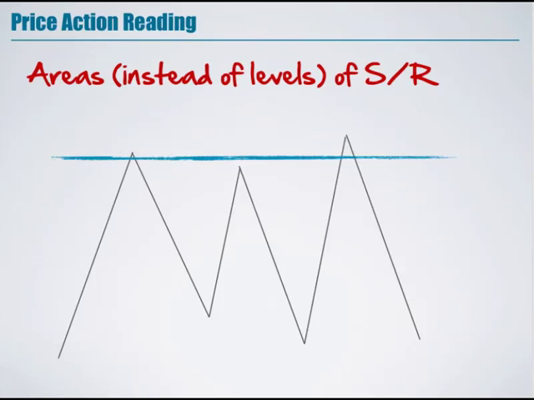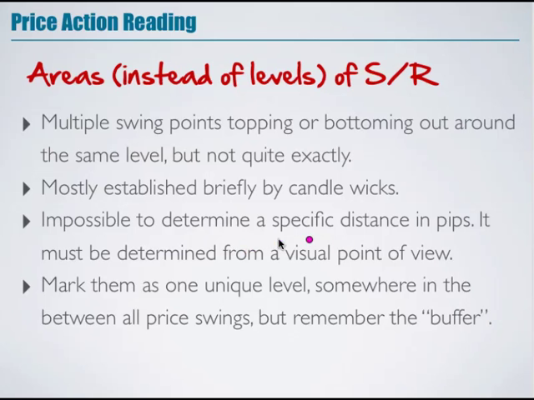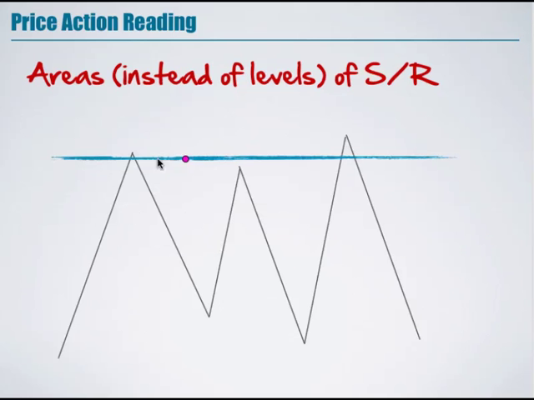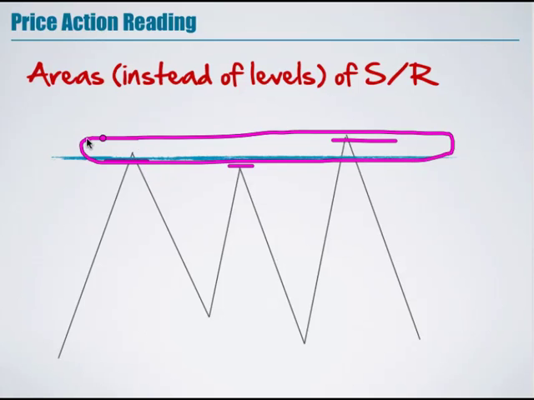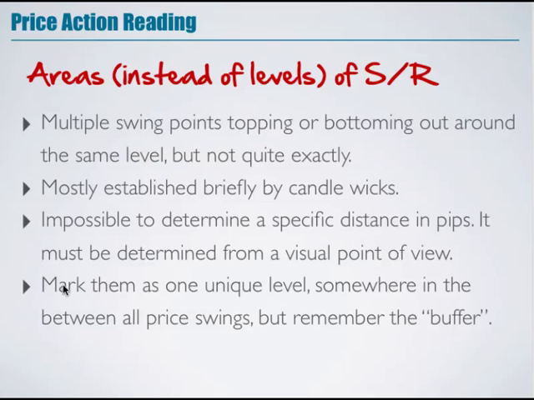All right, so like I say, impossible to establish a specific distance in pips. It's something that you have to determine from a visual point of view. Okay, as long as all those levels more or less come in line, around the same area, we can certainly establish the entire area as support or resistance.